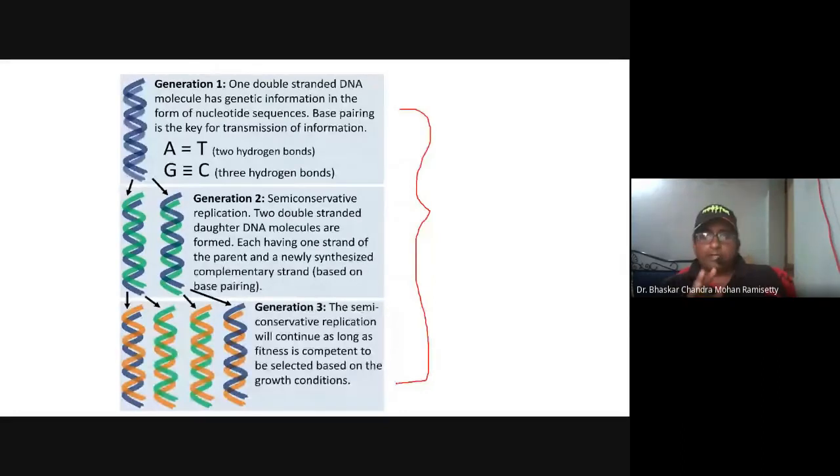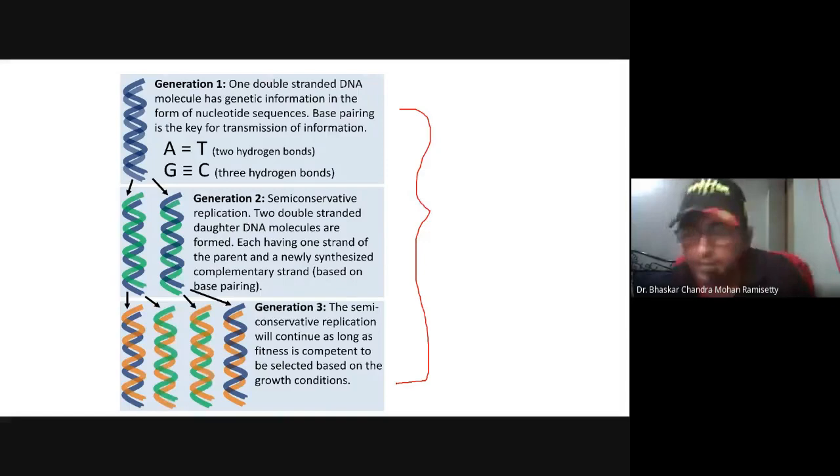the other models that were proposed to explain DNA replication. Can you recollect any? The one you are seeing on the screen is semi-conservative replication. The other one would have been conservative replication.